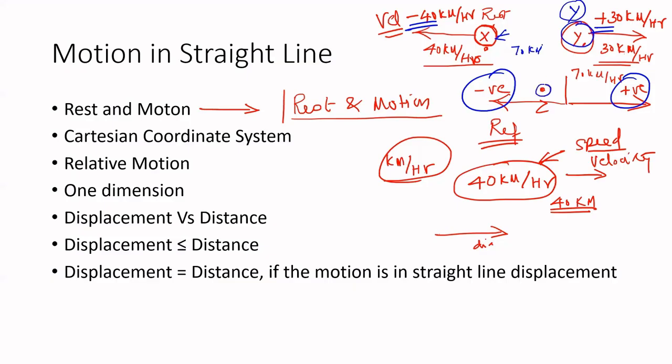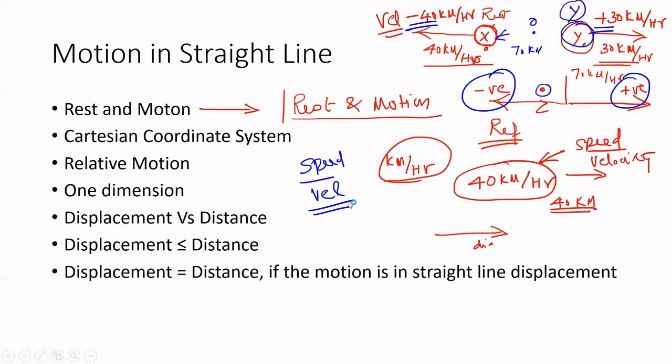Suppose I am standing outside in the center, that is at 0. Then I can say that y is moving at 30 kilometers per hour and x at 40 kilometers per hour. In other words, y's velocity is plus 30 kilometers per hour and x's velocity is minus 40. Now you understand the difference between speed and velocity.